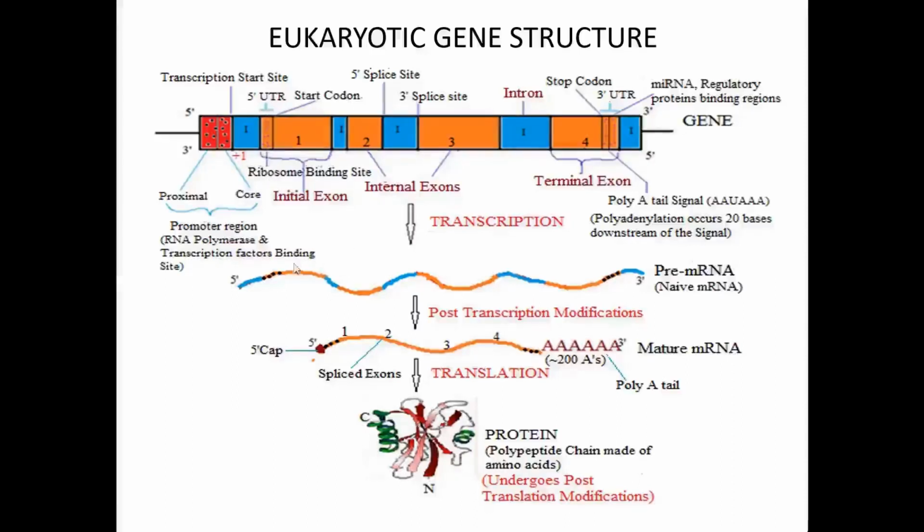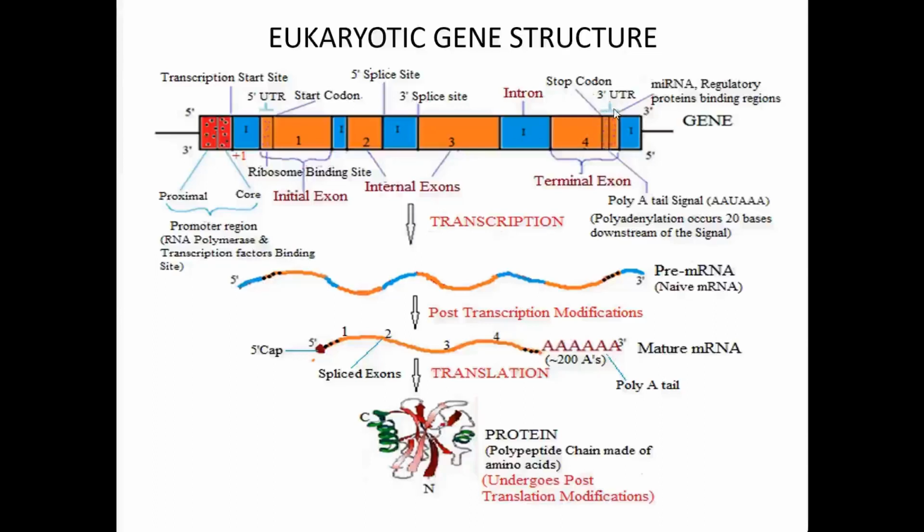During translation, the ribosome has to bind and then form the protein. When the ribosome binds at this ribosome binding site, it will start translation at the start codon. Usually ATG is the start codon, which codes for methionine, and the stop codon is the place where translation ends.